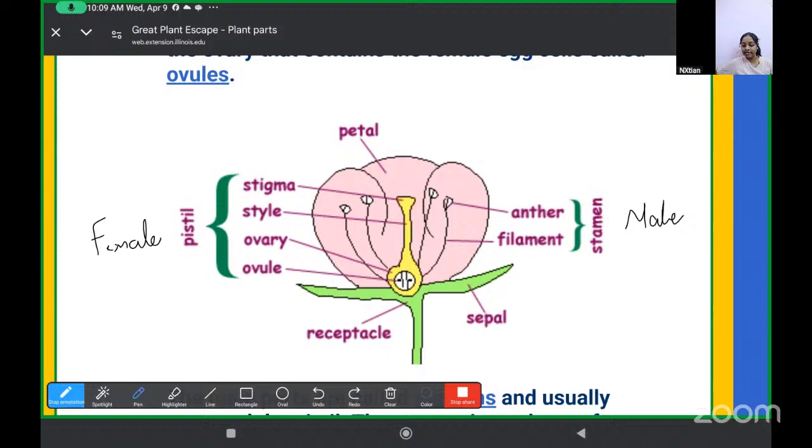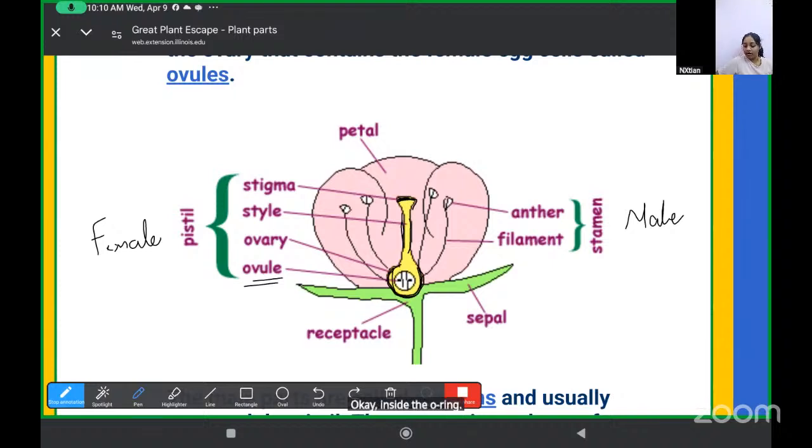Now, under pistil, we have stigma, that is the top part, this part. Then we have style, that is a neck-like thing here. Then this thing is the ovary, that has eggs inside. Inside the ovary are the ovules.